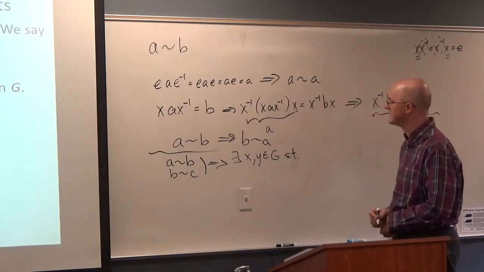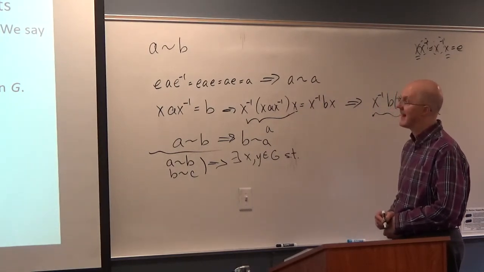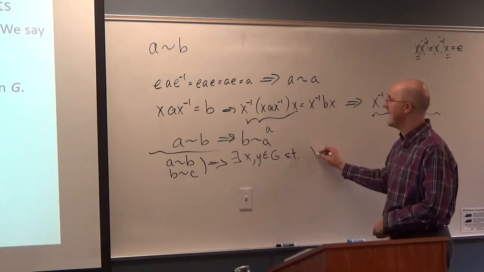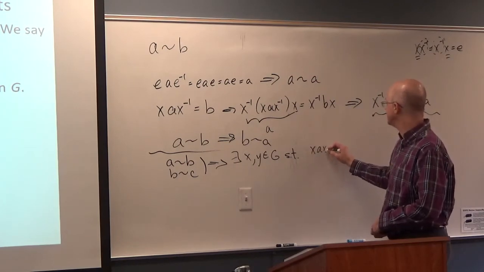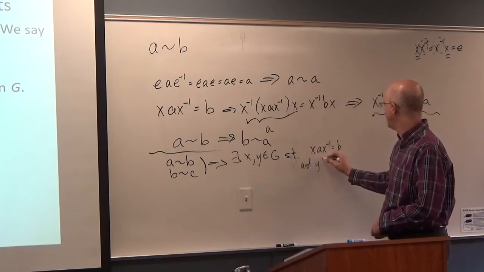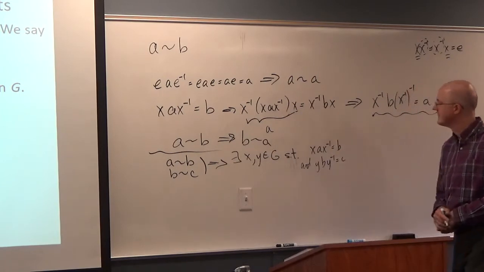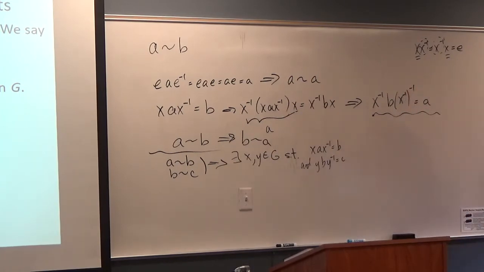If A is conjugate to B and B is conjugate to C, then there exist group elements X and Y such that XAX inverse equals B, and YBY inverse equals C. Can I combine these equations to say A is conjugate to C? Does the transitive property hold?